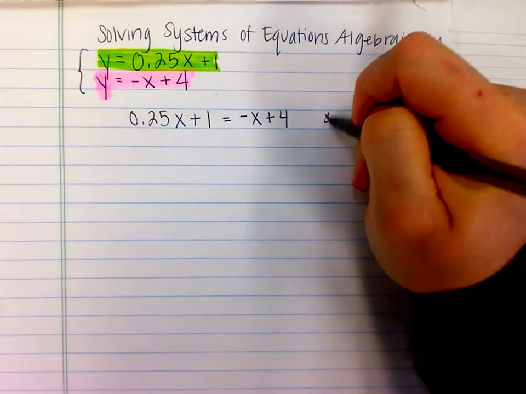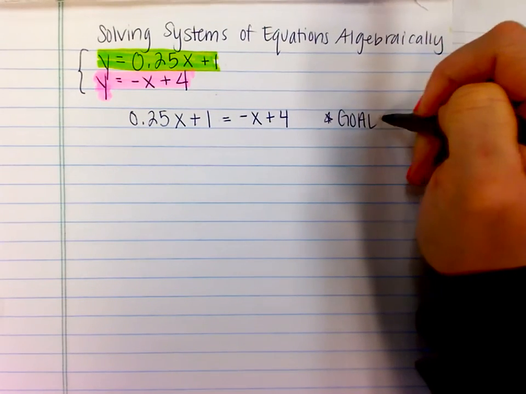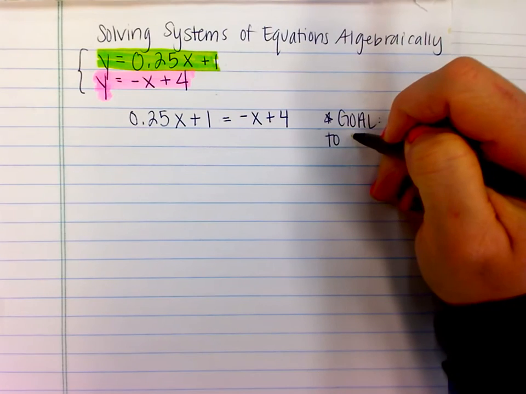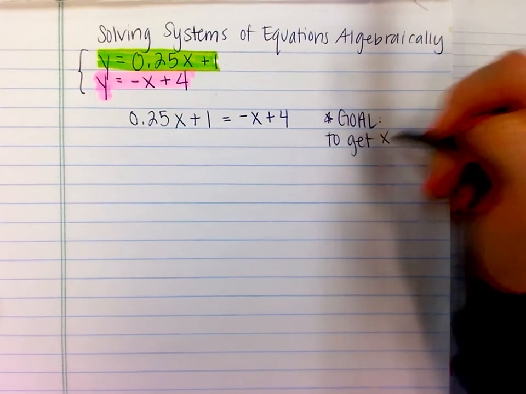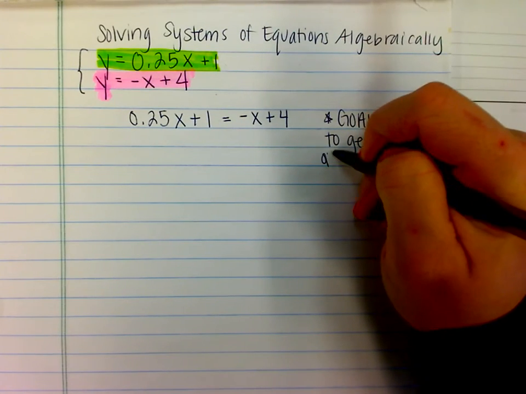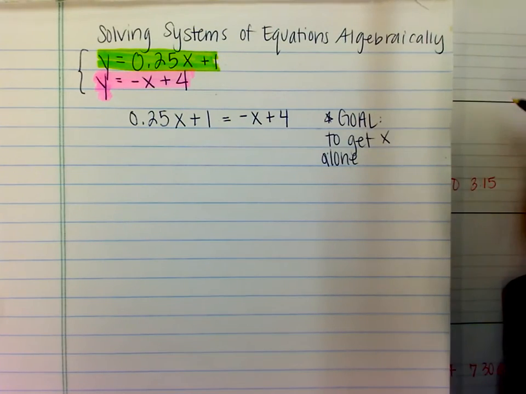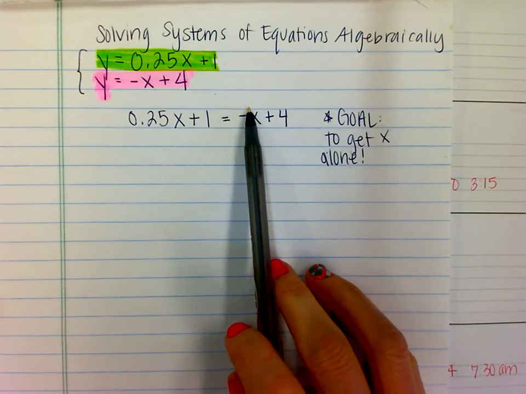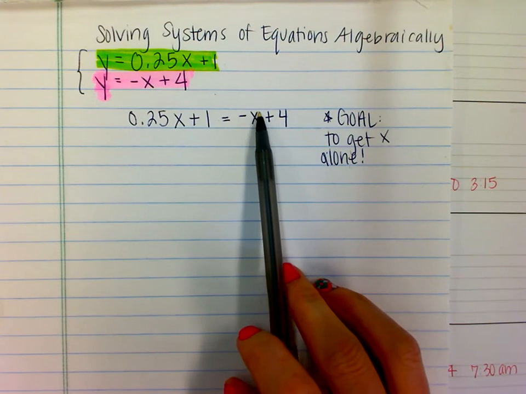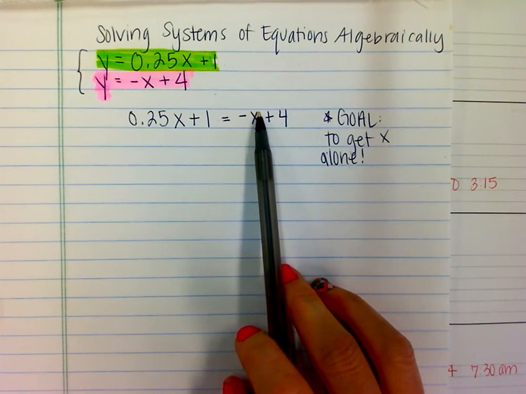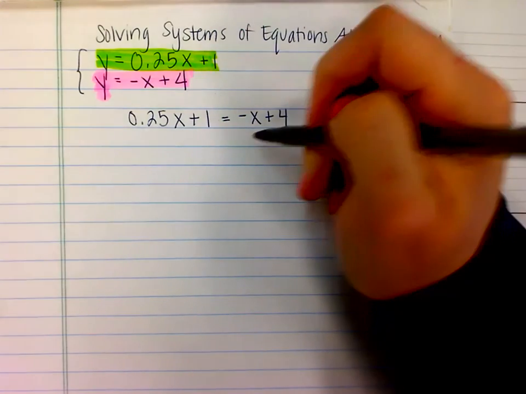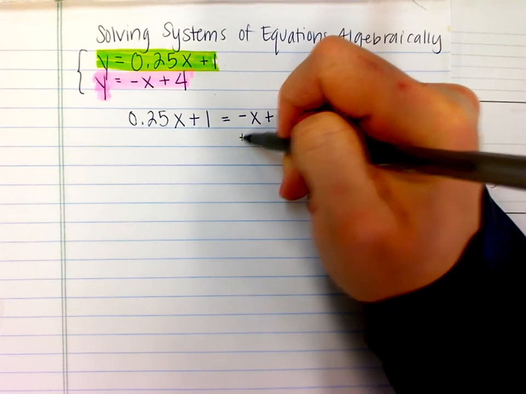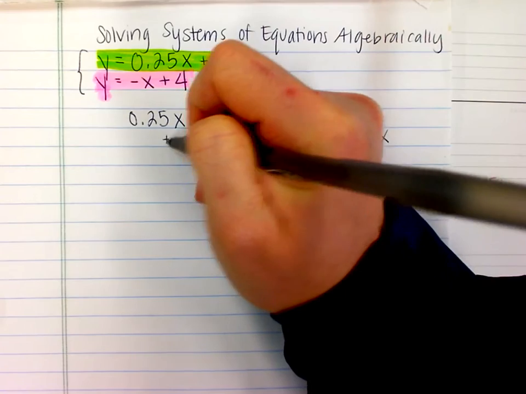So our goal is to get x alone, that's our goal, right? And so I see automatically that x is negative here, so I can do the inverse of the negative x and add x to both sides.